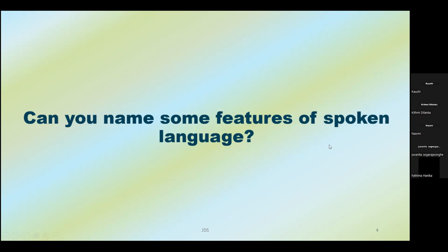Now, for example, when we speak, what kind of words are used? Do you write the same way you speak each and every sentence or each and every utterance? Can you just write the same way you speak? No. Colloquialism, we say.